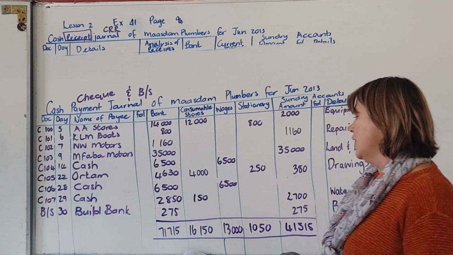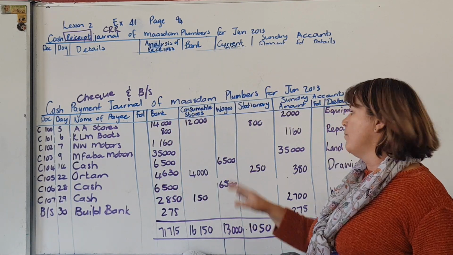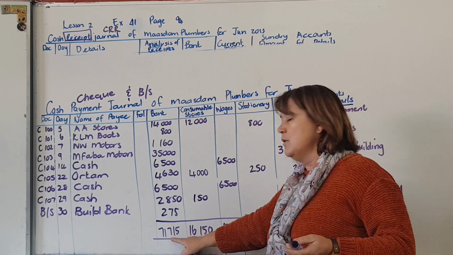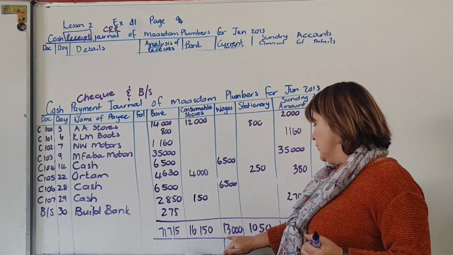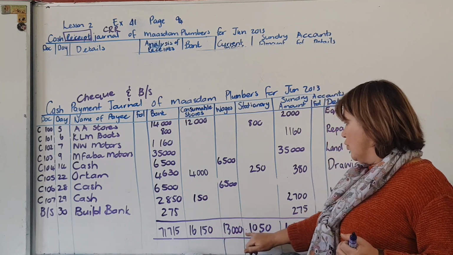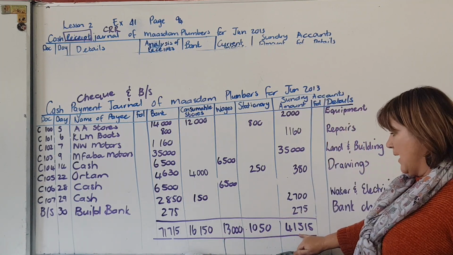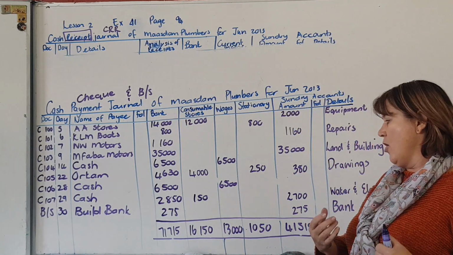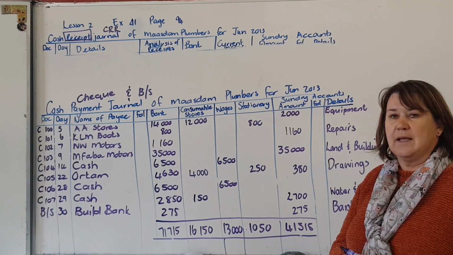Okay, so if you want to check your bank account, you're just going to add all your columns, but if you want to check that amount, then you add your consumable stores, your wages, your stationery, and your other amounts, and that must give you the total amount for your bank of 71715.